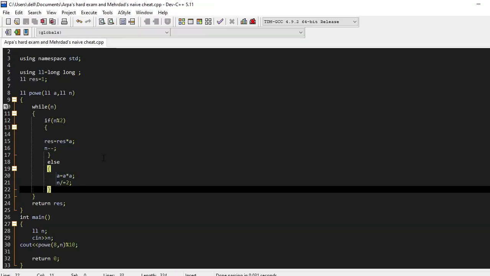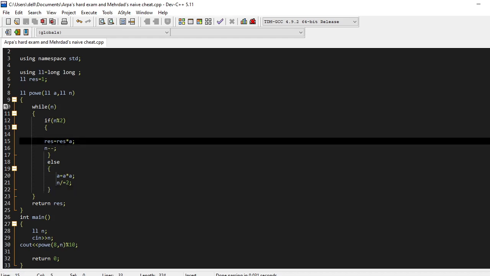This is the code for binary exponential. If n modulo 2 is not equal to 0, meaning it is odd, then the result will be multiplied with a and we decrement n.